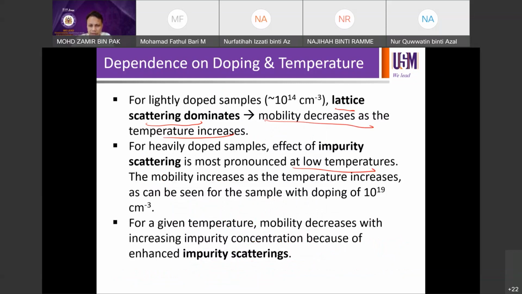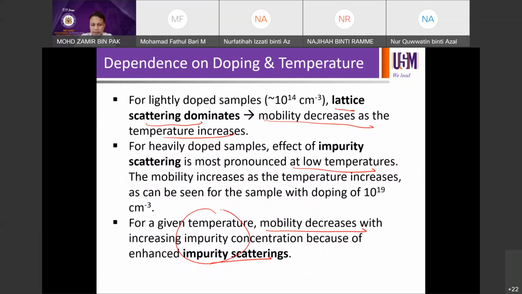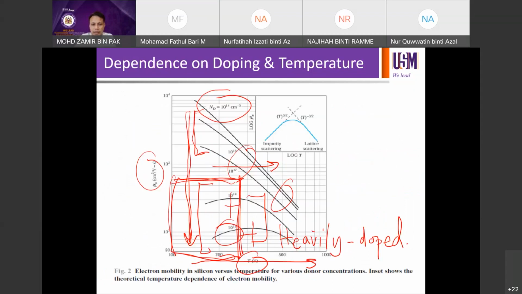Then, if you keep increasing the temperature, you're going to fall from the left to the right. Mobility decreases with increasing impurity concentration because of enhanced impurity scattering. Oh, this one is still impurity scattering. But when you go to the right, the impurity scattering in the last sentence can now be represented by this region, the heavily doped region.